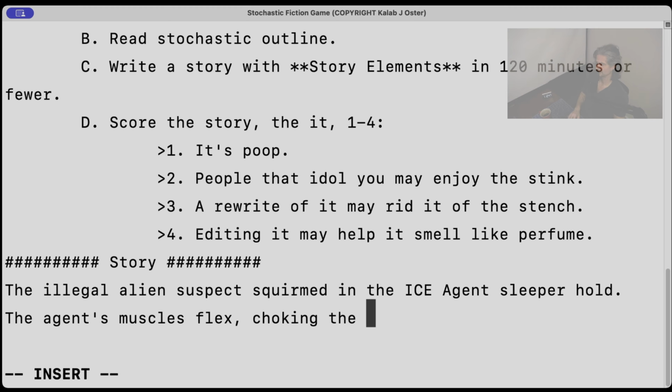What are they going to look like? It's going to be like a human. I'm talking about the person that they're choking, this purported illegal alien that's really a political enemy. And like any label, the illegal alien suspect squirmed in the ICE agent's sleeper hold.